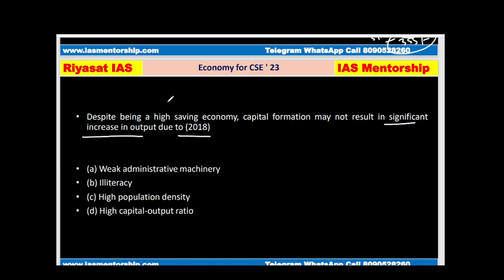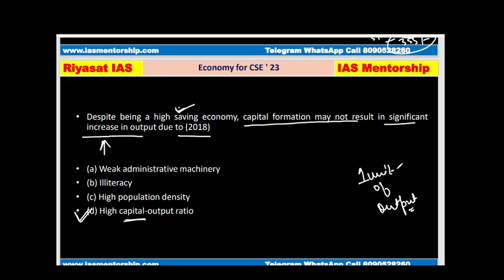So still, despite your economy's high saving, capital formation is not giving you an increase in output. Why? Because of a high capital to output ratio. Because we are putting a high amount of capital to produce just 1 unit of output. Understood the scenario? Why it is happening?